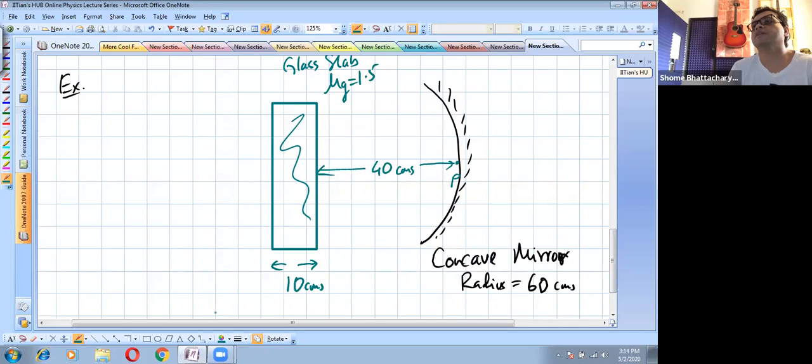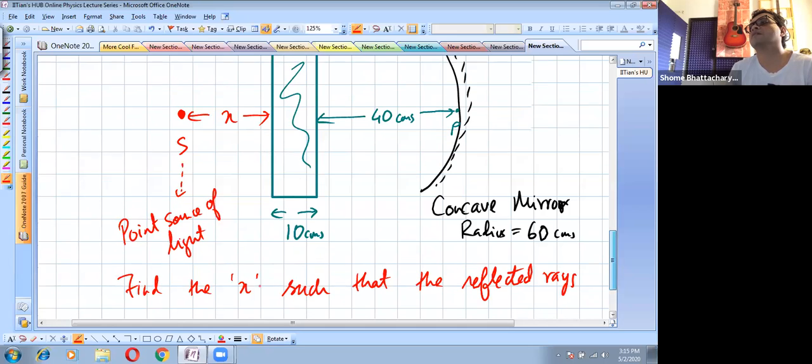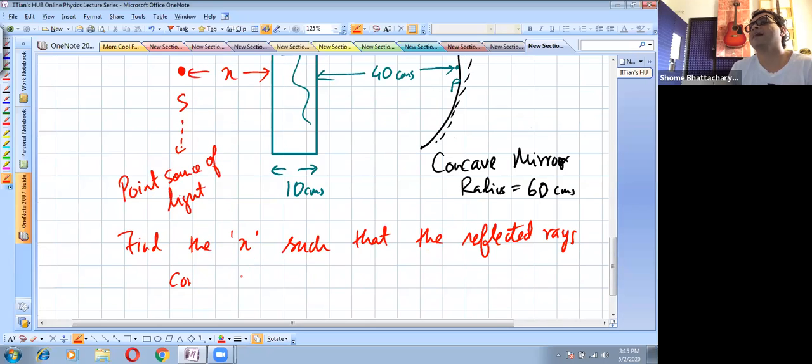And now we are keeping a point object, like a point source of light, LED bulb or something like this. So it's X. This is a point source of light. So we want to find the value of X such that the reflected rays come back to the point source.